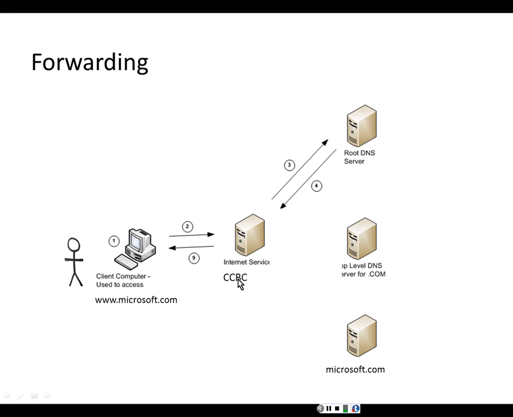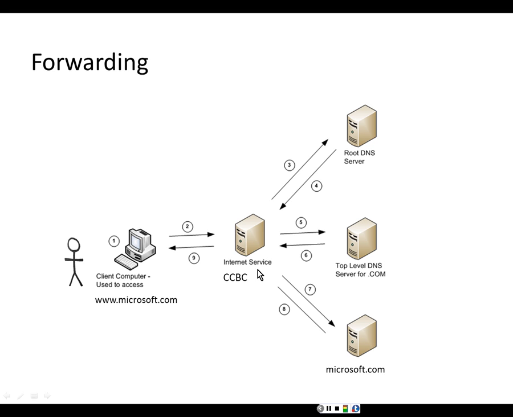The CCBC DNS server sends a query to the root DNS server, and the root DNS server tells the CCBC server the IP address of the .com server. Step number 4. So then the CCBC DNS server sends a query to the .com server. The .com server tells the CCBC server the IP address of Microsoft's DNS server.